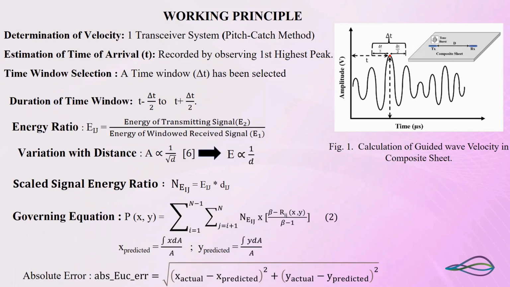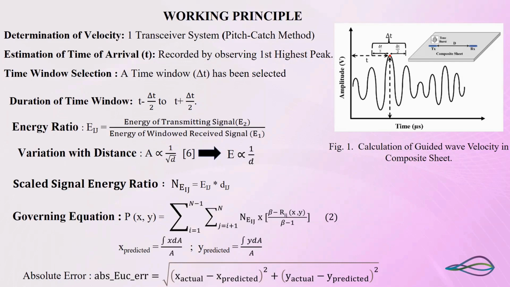One thing we have to bear in mind is that energy can be reduced when there is a defect in the path or in the material, as well as when the signal propagates through any attenuating or composite medium. We studied the literature and observed that the amplitude is inversely proportional to the square root of the distance.